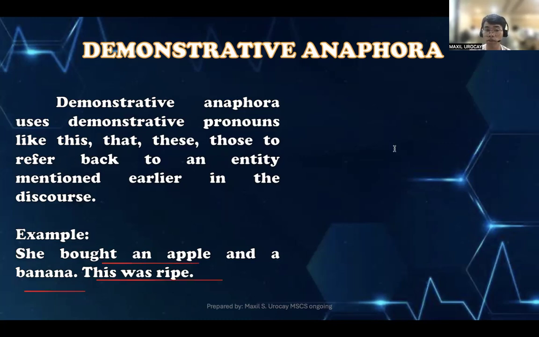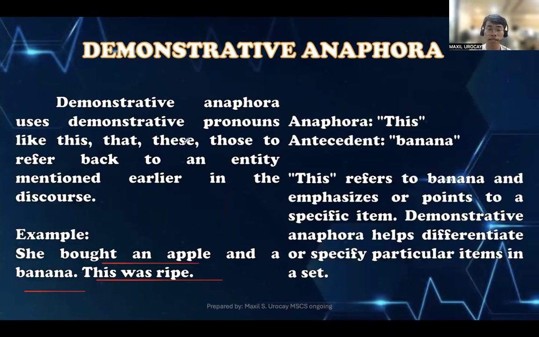So this is actually our anaphora, and our antecedent is referring back to the banana and the apple. So "this" refers to banana and apple, or points to a specific item. The demonstrative anaphora helps differentiate or specify particular items in a set.